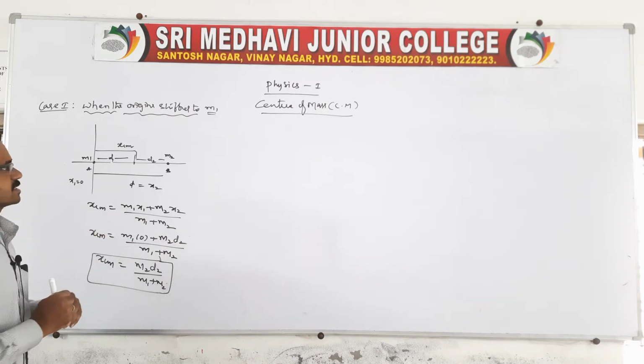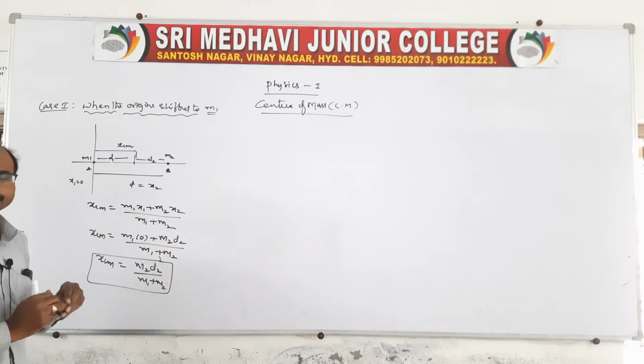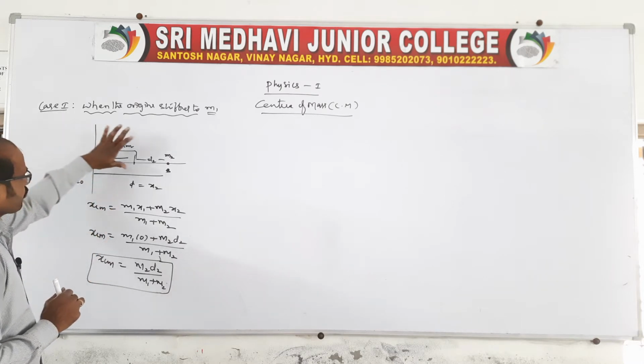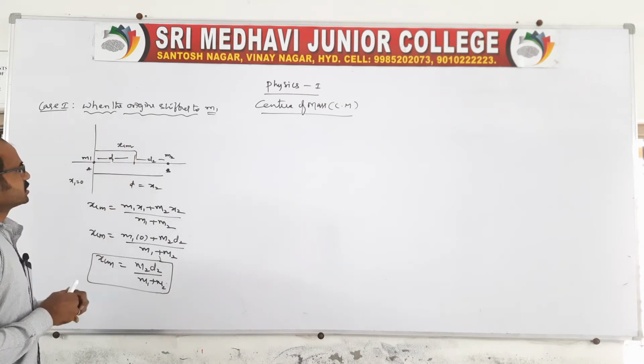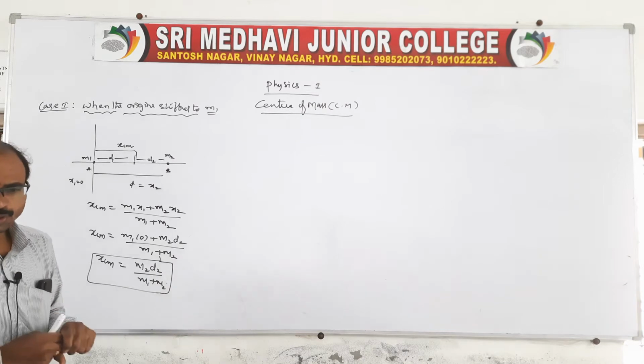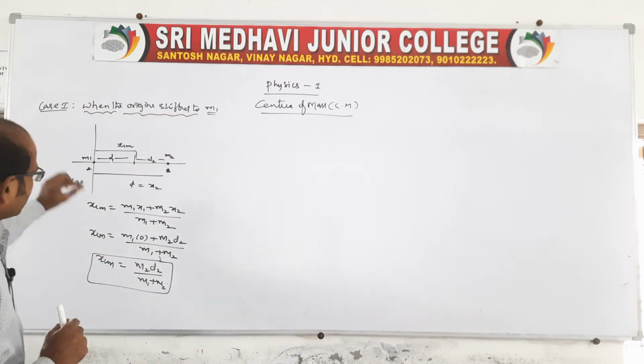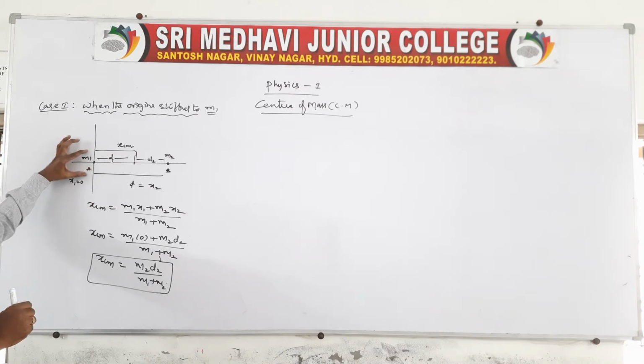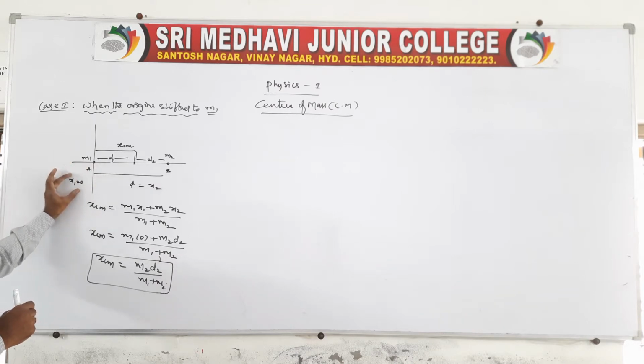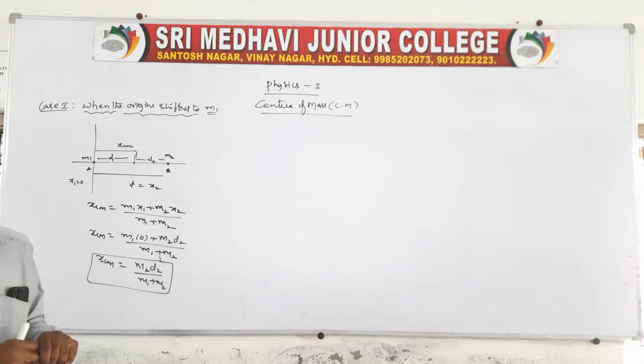Now in this one dimension, let us talk about shifting the origin. Suppose the origin is shifted to the m1 particle, to the m1 position. Then x1 is 0, because the origin is 0, 0.